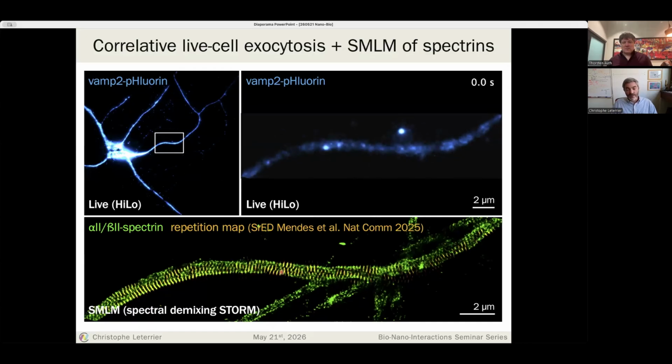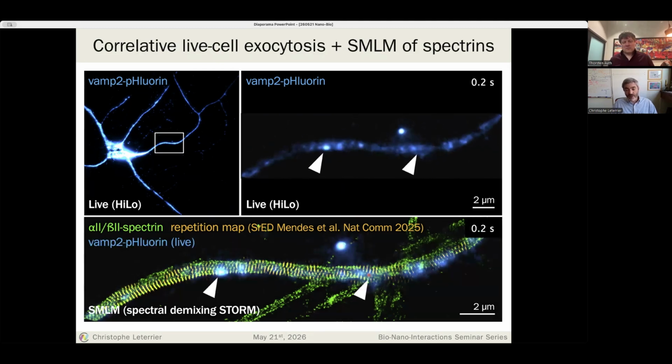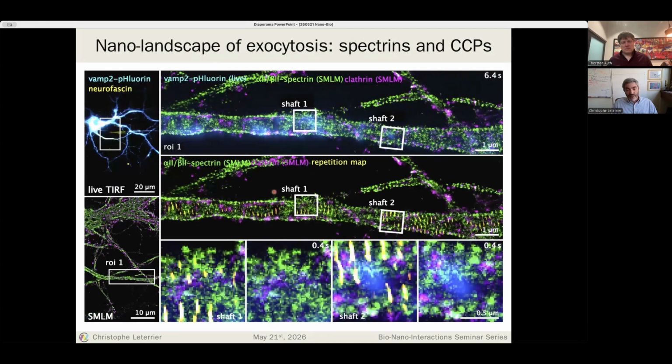So we could define where the spectrin is and where we have holes. After doing that, we could superimpose the live cell movie and look at where exactly the exocytosis was happening compared to the spectrin organization. And when we did that, we could see that actually these were all in holes of the spectrin.